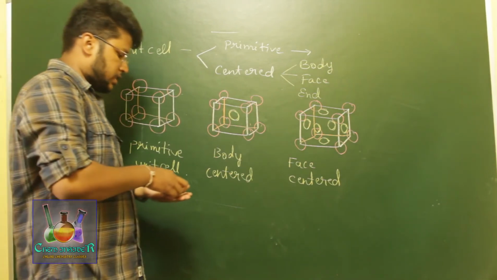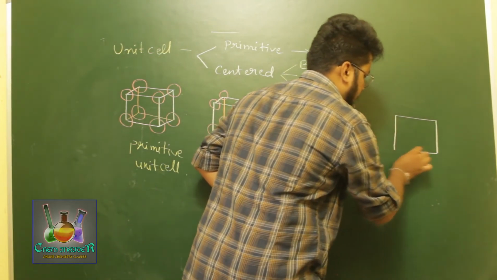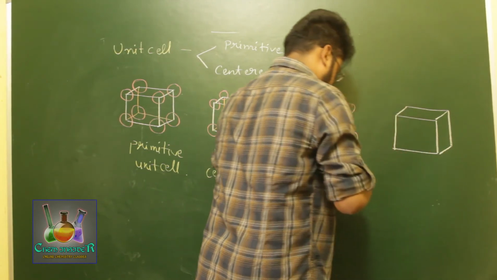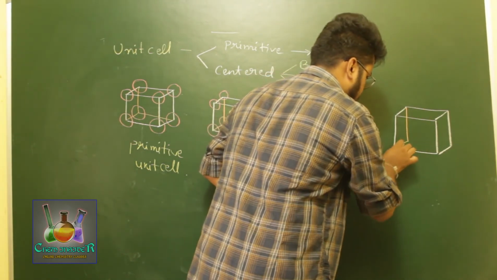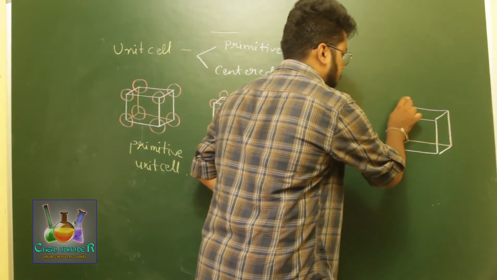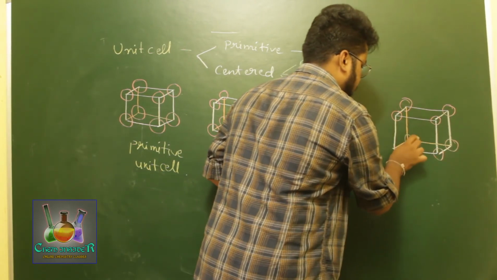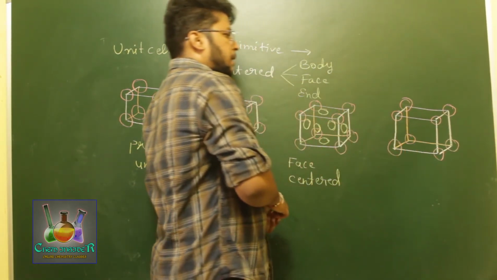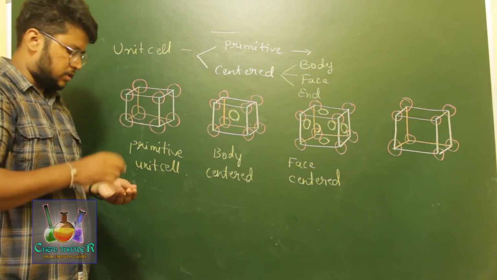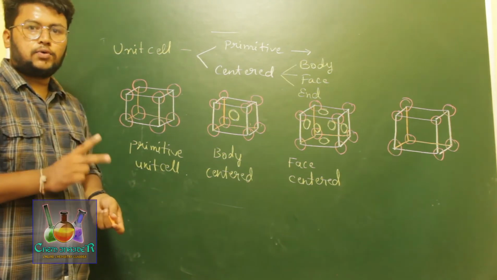And the last one is the end centered unit cell. This again has 8 atoms at the 8 corners. We'll write it down first, and then it has 2 atoms present at the center of any 2 opposite faces.